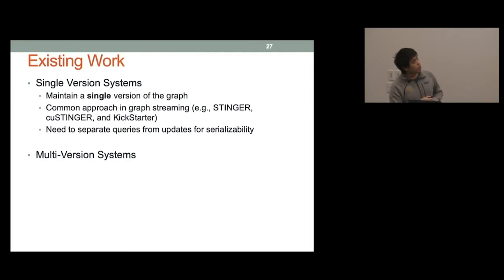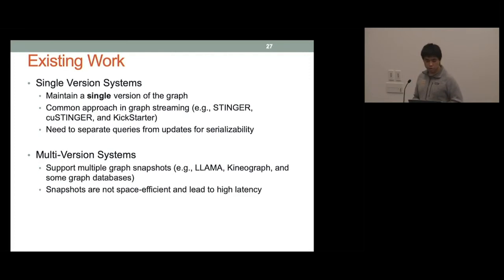The other type of system is multi-version systems. Multi-version systems support multiple graph snapshots. These snapshots are immutable, so they're not changing, and this allows us to run queries on the latest snapshot without worrying about the graph changing while the algorithm is running, because the new updates will get buffered and included in the next snapshot.